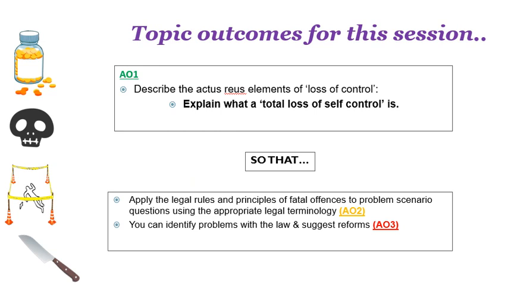So yesterday you started having a little look at the old defence of provocation and what used to be around before the Coroners and Justice Act reformed the law and created the new defence of loss of self-control.